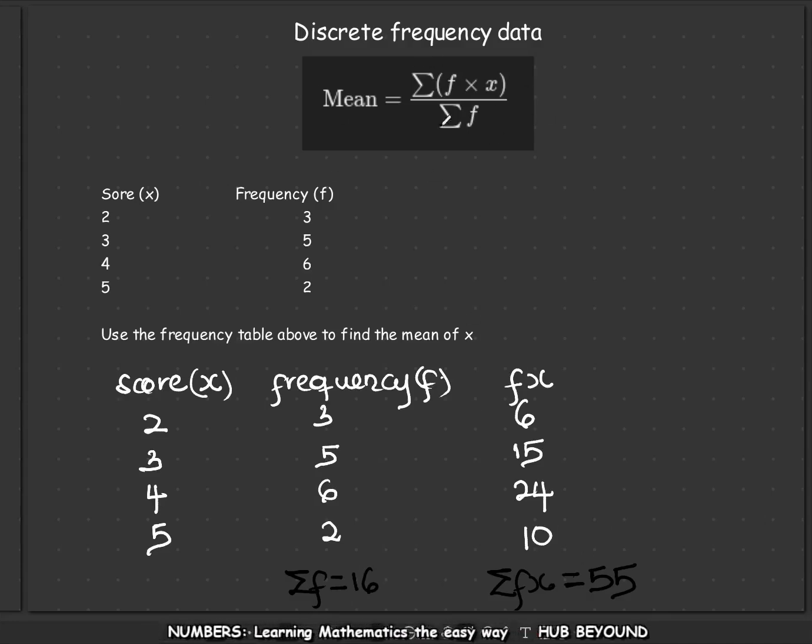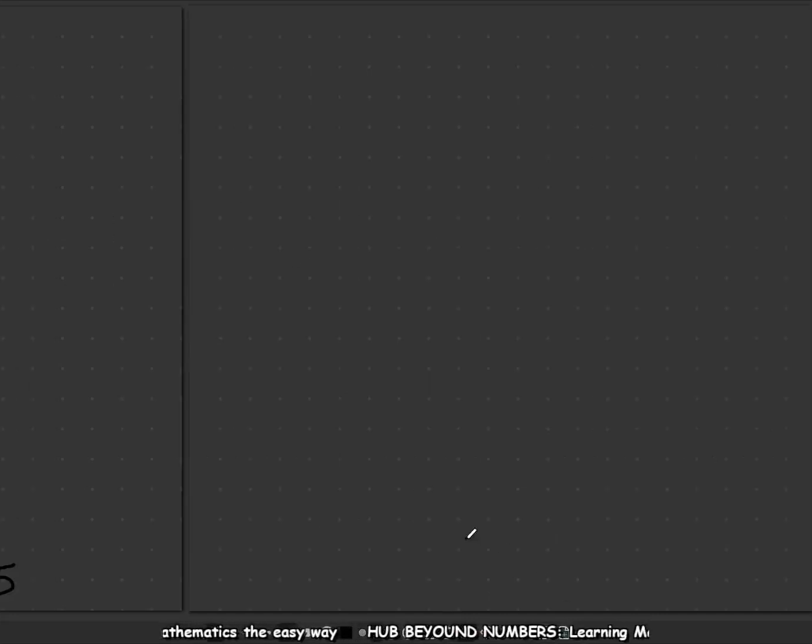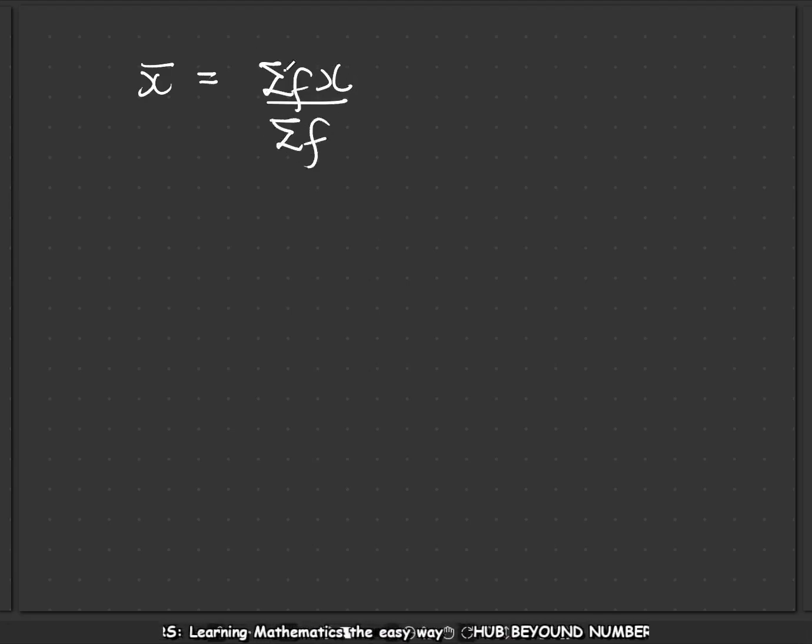Then we go on to evaluate our mean. By the way, we can write mean with this symbol. So the mean we are looking for, whose formula is the sum of fx all over the sum of f, or sigma fx all over sigma f, is going to be equal to the sigma fx, which gave us 55, over the sigma f, which gave us 16.